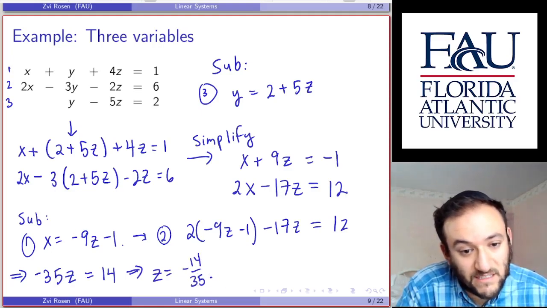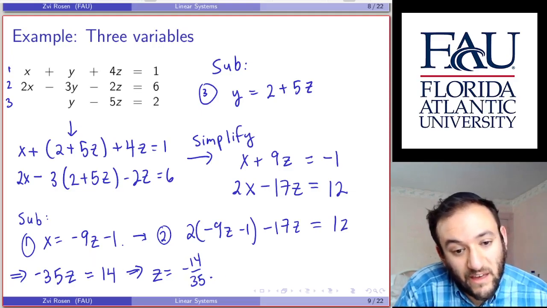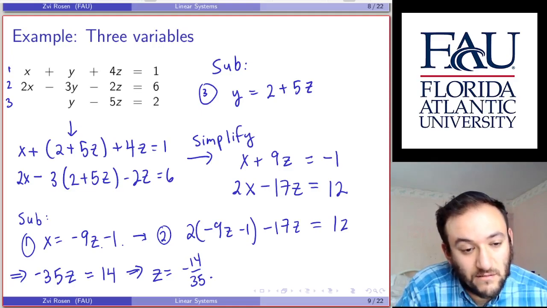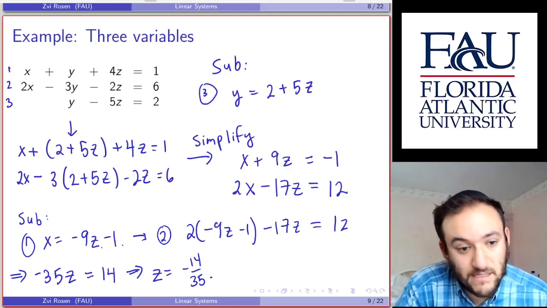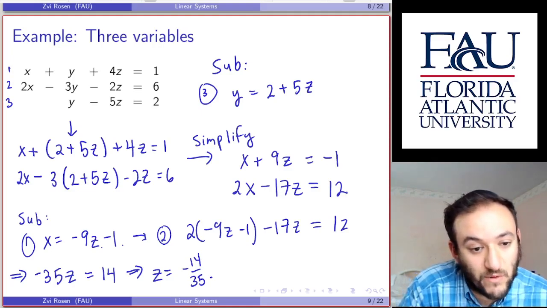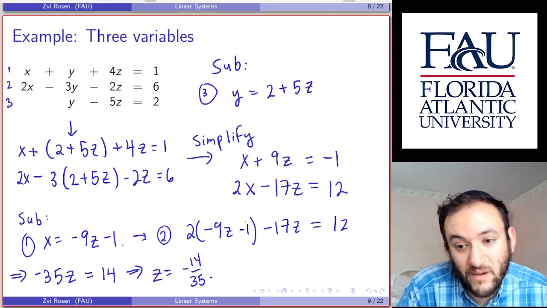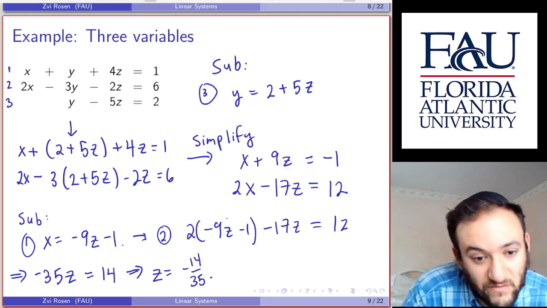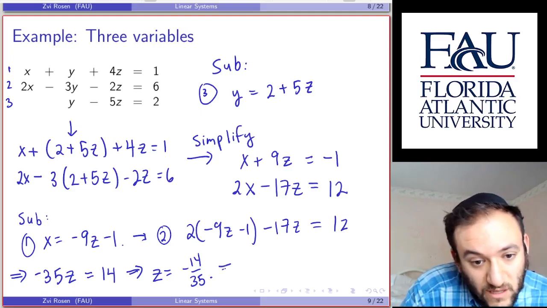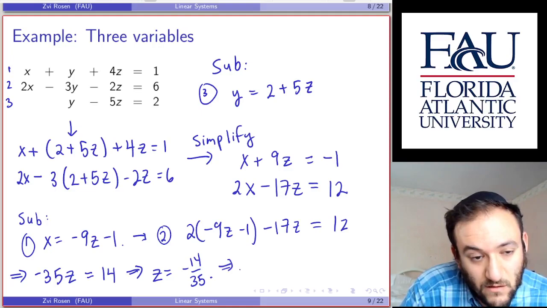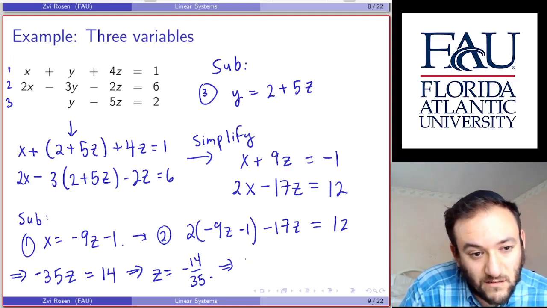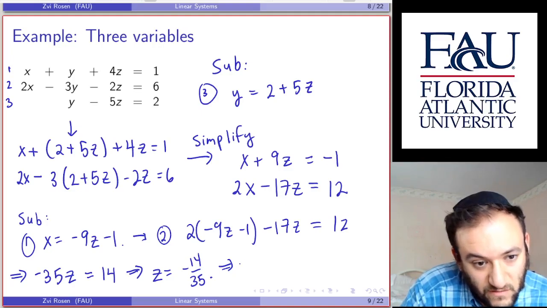Now applying that to the substitution here, we have 14 times 9 is 90 plus 36, which gives us 126. So that's 126 over 35 minus 1, which is 35 over 35. So we get, I believe it's 89 over 35.